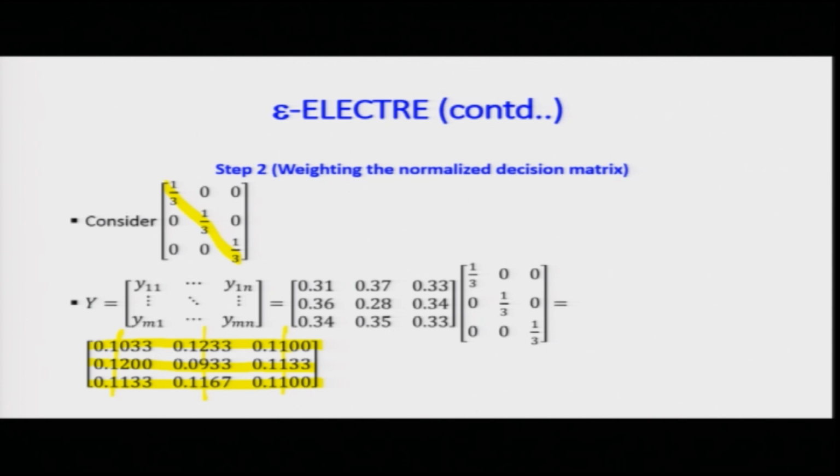Second row is 0.1200, next value is 0.0933, third value is 0.1133. Third row: the first value is 0.1133, second value is 0.1167, and the last value is 0.1100. So, please write this matrix, which is Y, the multiplication of X into W, and based on this we will do the calculation.